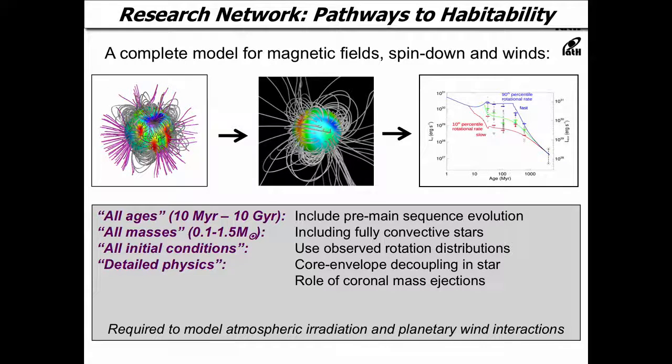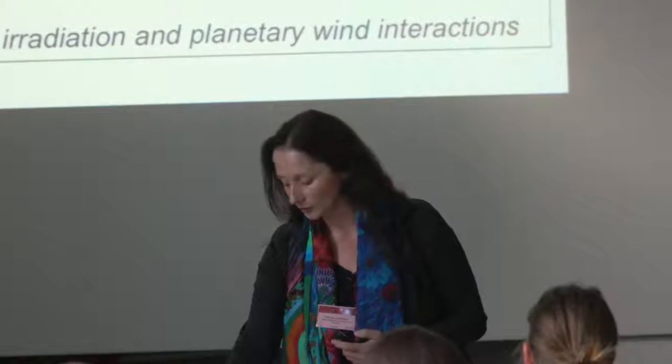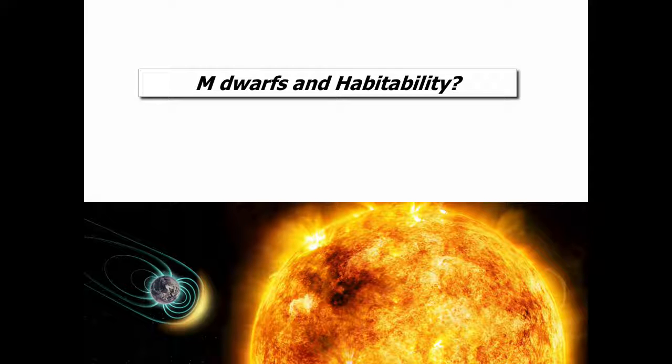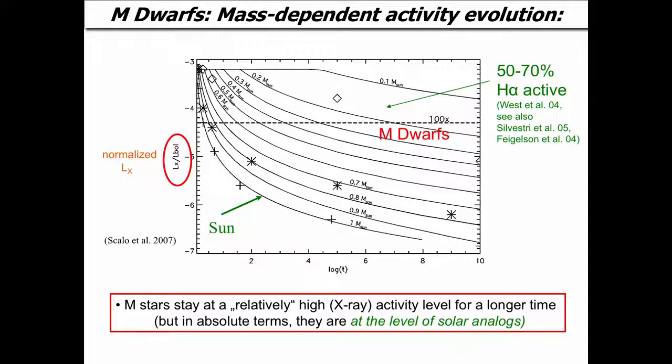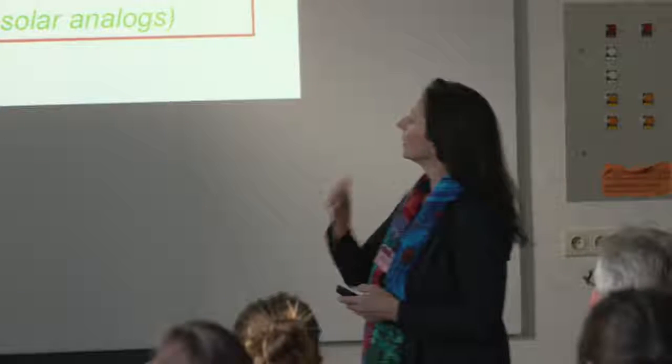We try to get as many boundary conditions as possible for our estimates of how different conditions influence planetary atmospheres in different ways. I'm telling you a little bit more on M-dwarfs and their issues with habitability, non-habitability. They are one of the exciting subjects currently in the search for habitable planets around them.